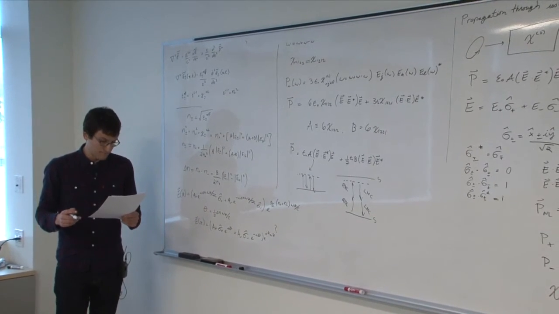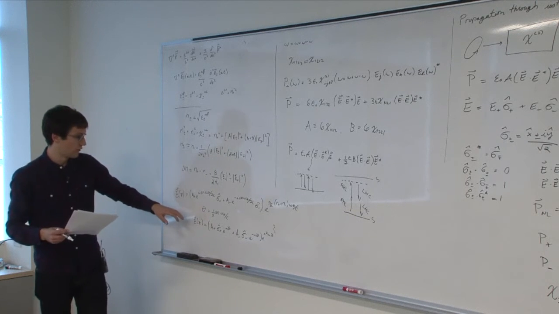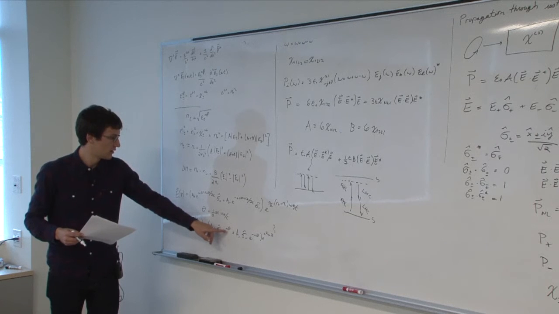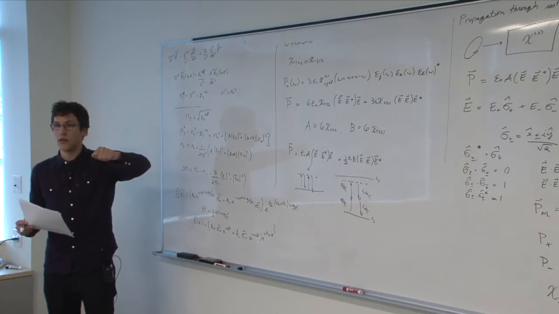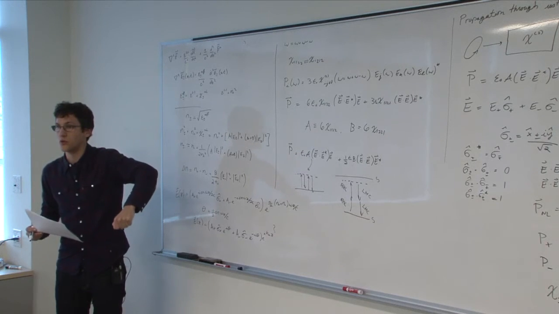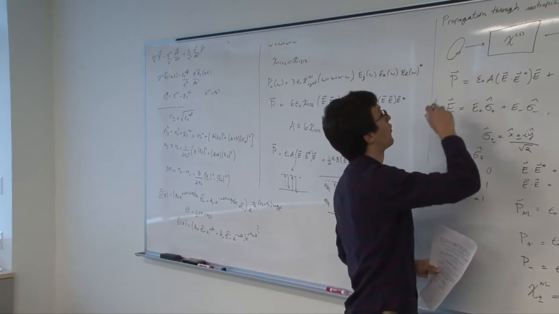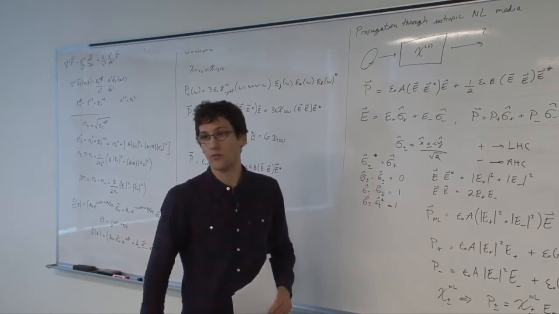So theta, if you look at this equation, you can really see that theta is exactly the angle by which the polarization ellipse changes. So coming back to what we had before, I come in with an elliptical polarization at the input.